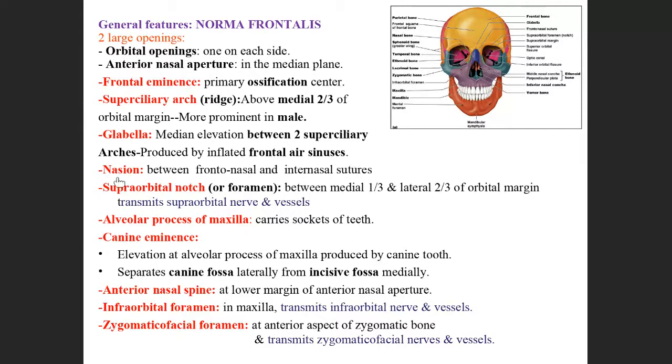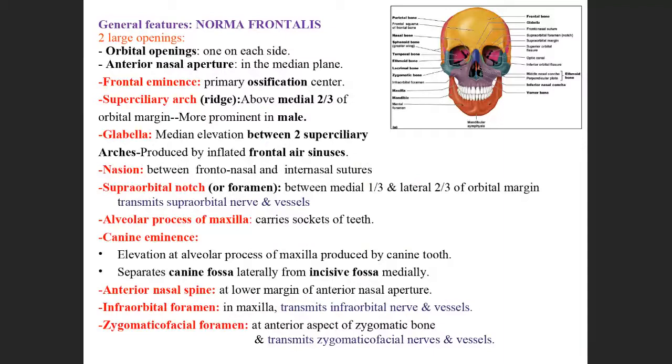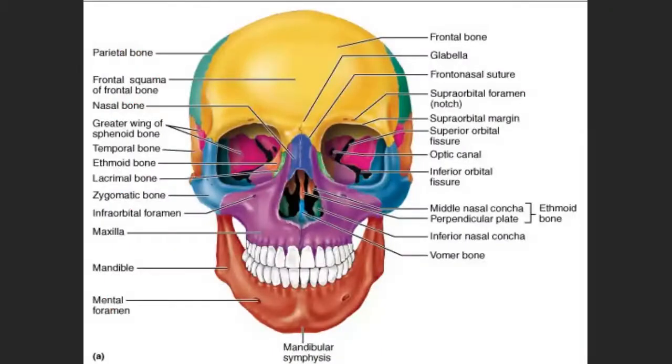Then what is nasion? Nasion means between the frontal and nasal bones and the internasal suture. It is an area, as we said in the previous diagram. So what is nasion? This area here, all this part.